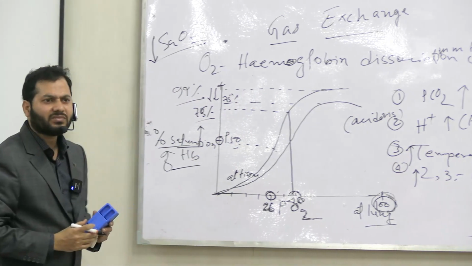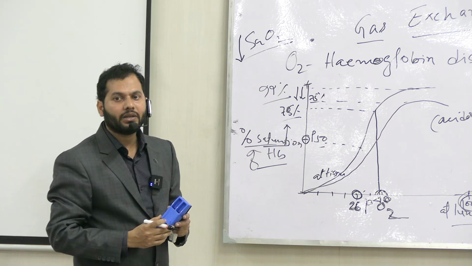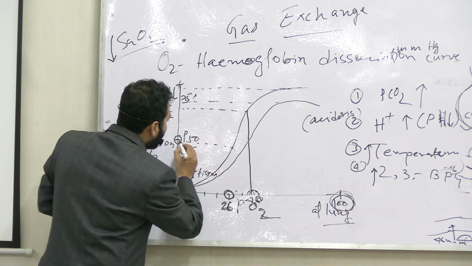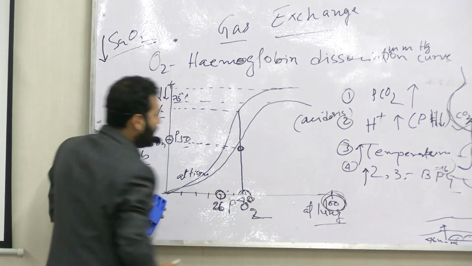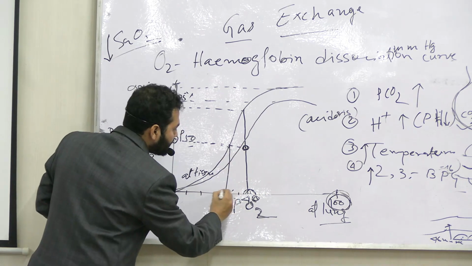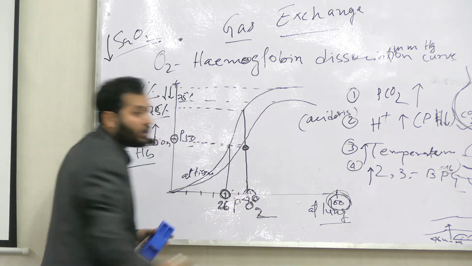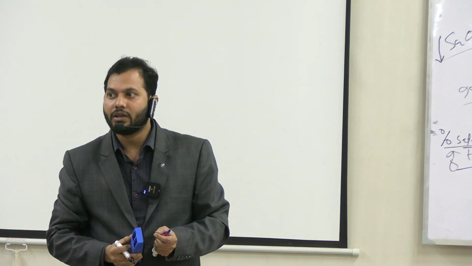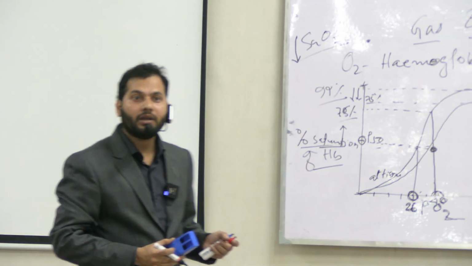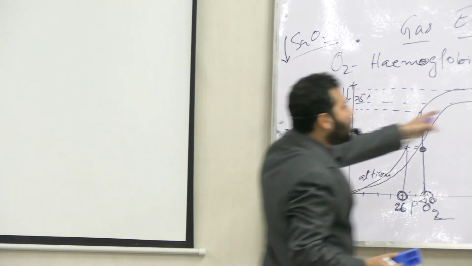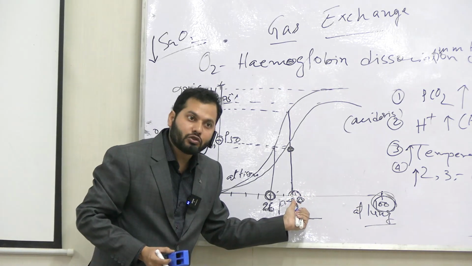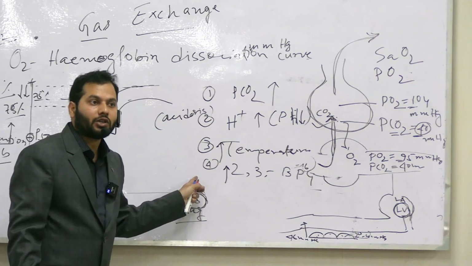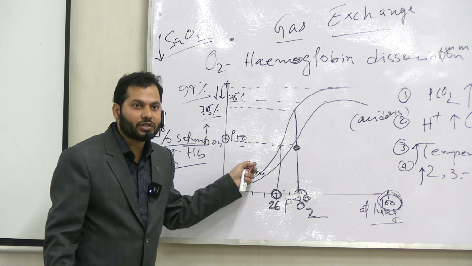So if you see the point P50 here, initially P50 was this. Now is P50 increased or decreased? If it is shifted to the right side, P50 also changes, right? As I mentioned, these are the factors that alter the sigmoid pattern. It is shifted towards the right side.